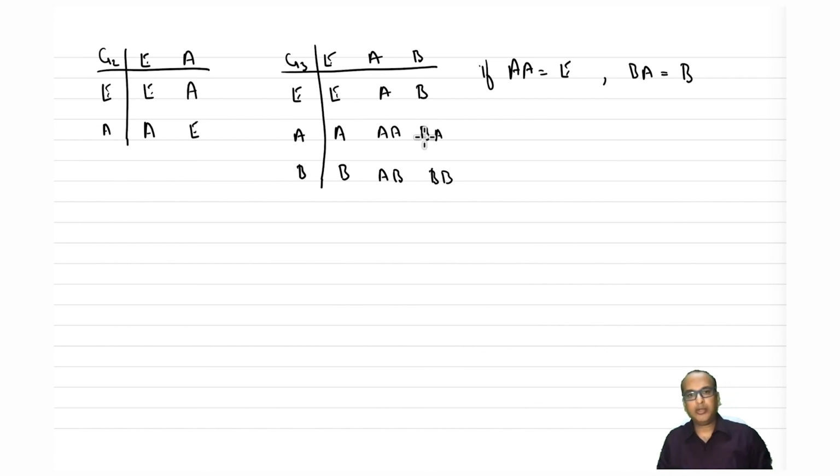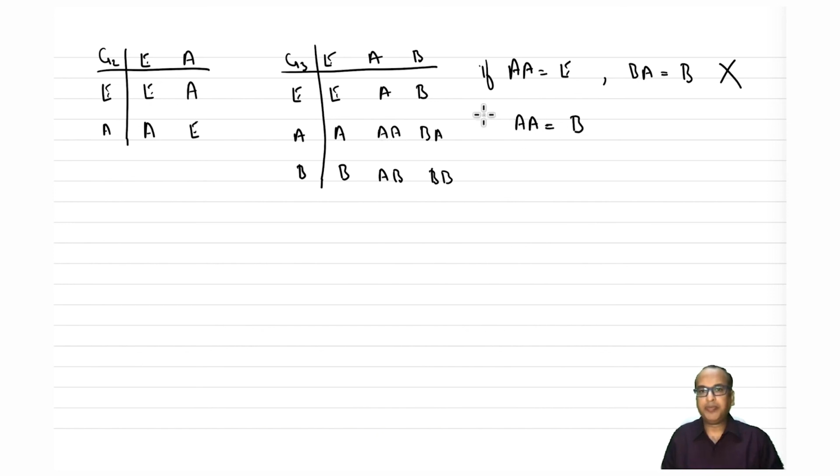It's like a Sudoku puzzle, where you cannot repeat any digit. So this condition is not valid. This leaves us to keep AA as B, because AA cannot be A, as we already have A here. So AA has to be B.